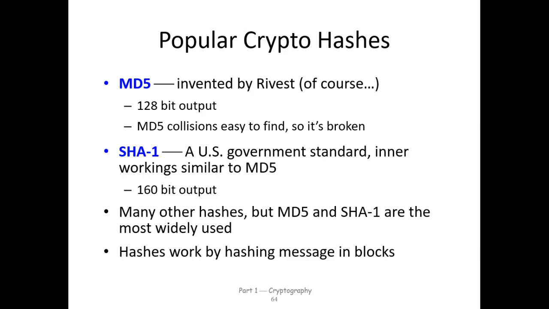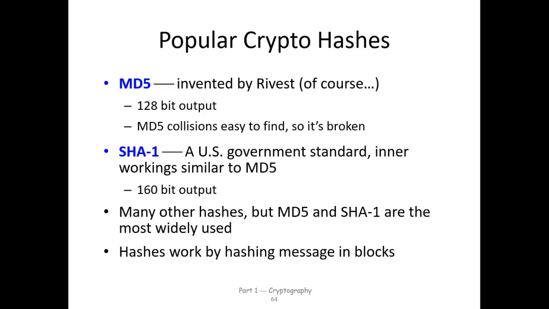The popular one I just mentioned, MD5, was invented by Rivest. It takes input in blocks that are a multiple of 64 bits, and it always produces a 128-bit output. MD5 collisions are easy to find, so it's broken.